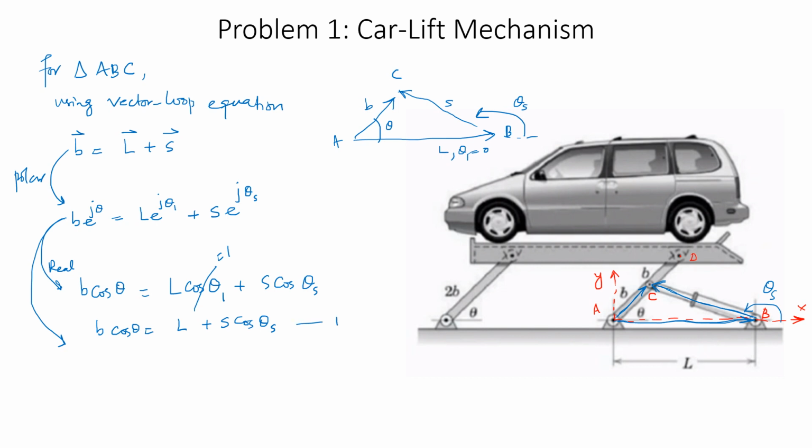So label this one as number 1, and you have the imaginary axis once again, the expression corresponding to imaginary part written down.